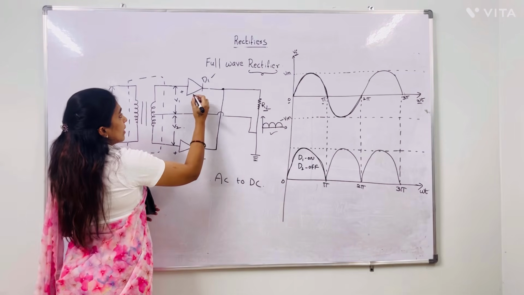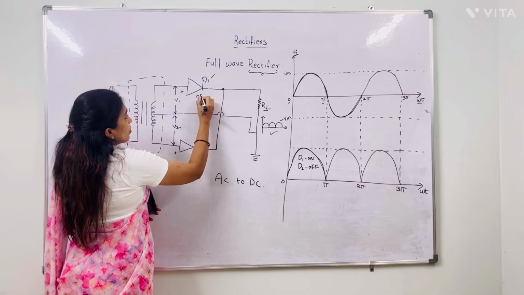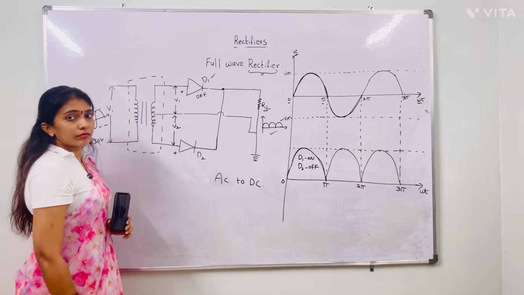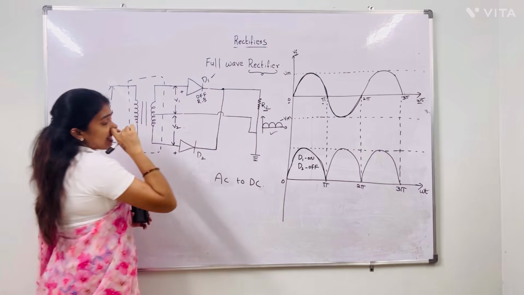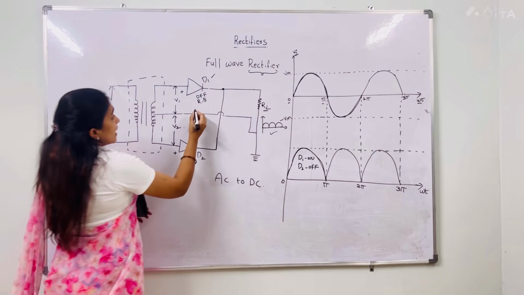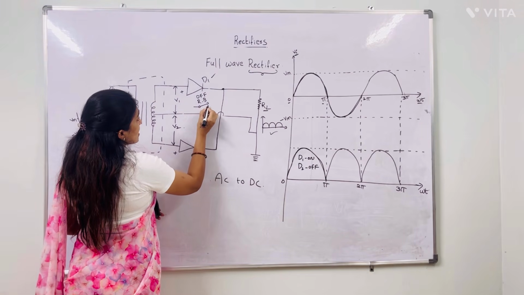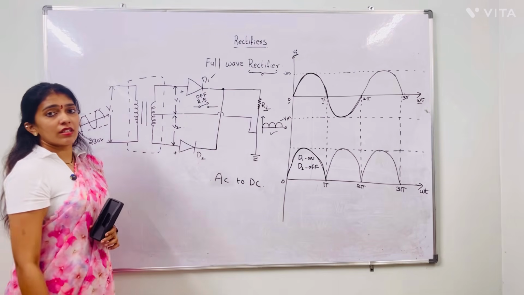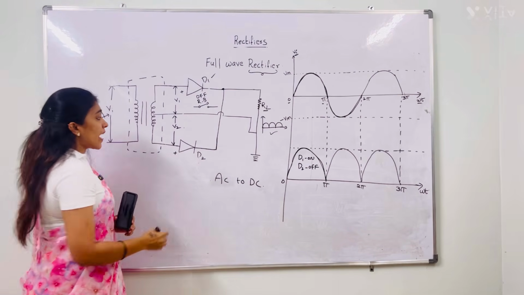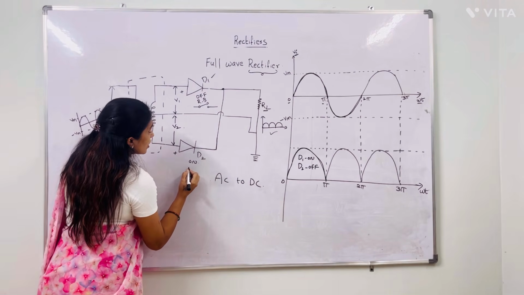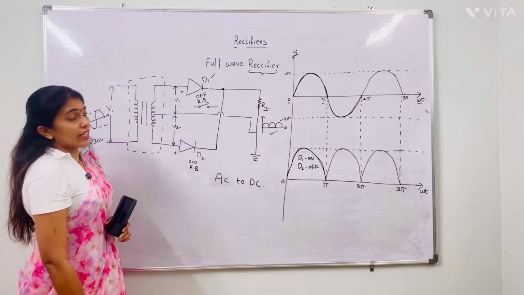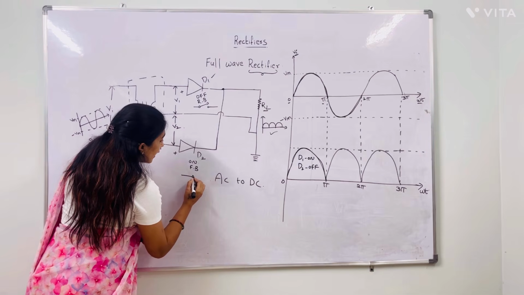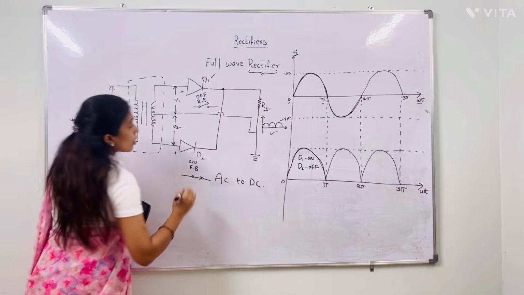In this situation, diode D1 goes to off condition, meaning D1 is in reverse bias condition, D1 acts like an open switch. At the same time, D2 goes to on condition. On condition means D2 is in forward bias condition. So here D2 acts like a closed switch.